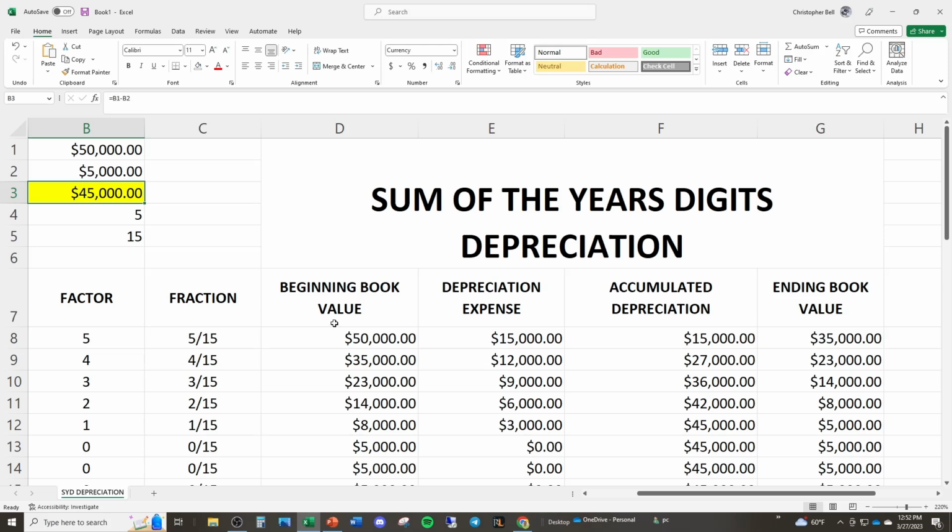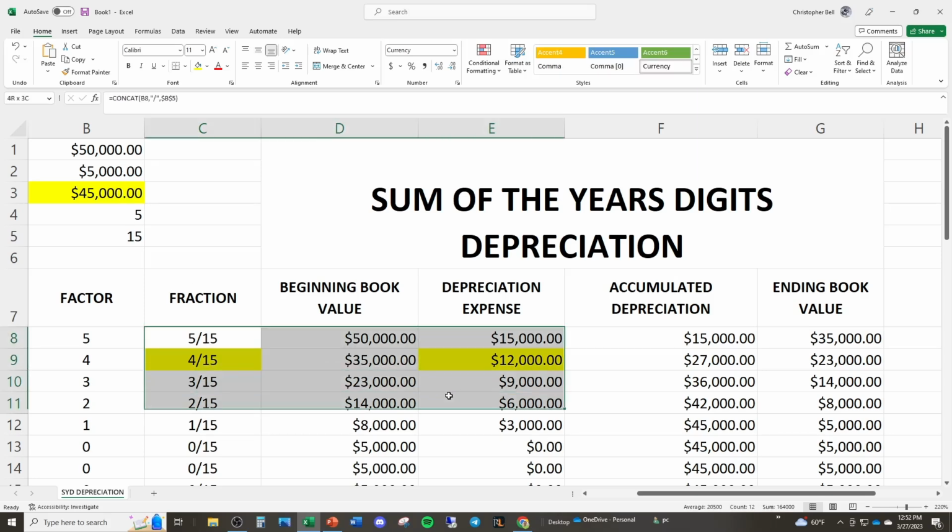So the next year, we take 4 over 15 times 45,000, which gives us our depreciation expense of $12,000. And you do it every single year. So the next year, it's 3 over 15 times 45,000, then 2 over 15 times 45,000.